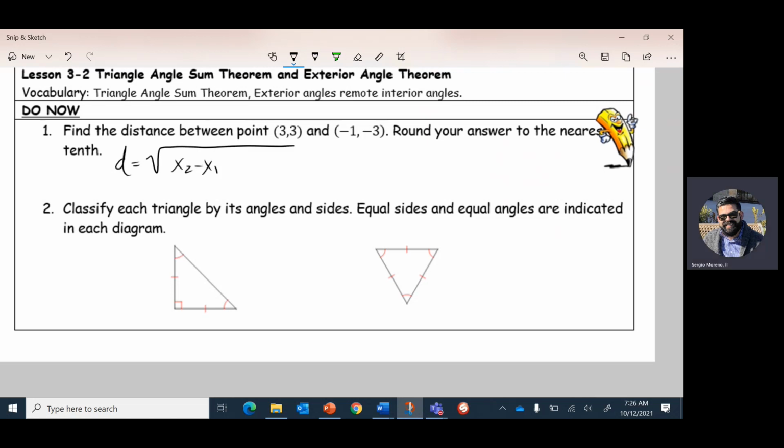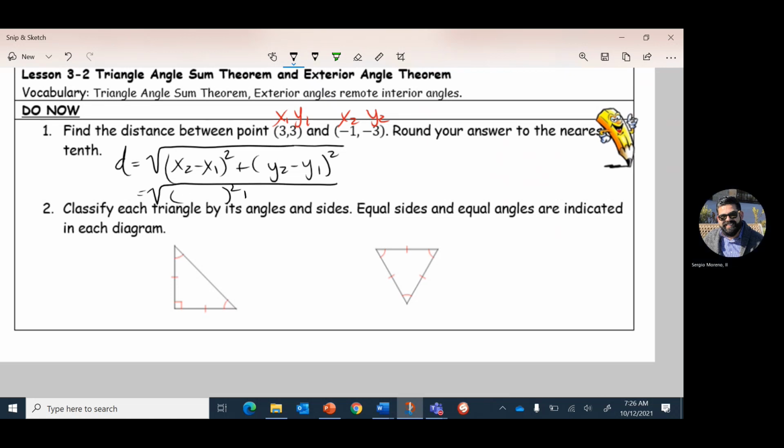x2 minus x1, square that, plus the value of y2 minus y1, and we would square that. Okay, so then we would always identify what are x1 and y1, x2 and y2, and again this can just be put right into your calculator. So subbing our values here, I'm just going to do it right here, kind of small under here. Always building our skeletons.